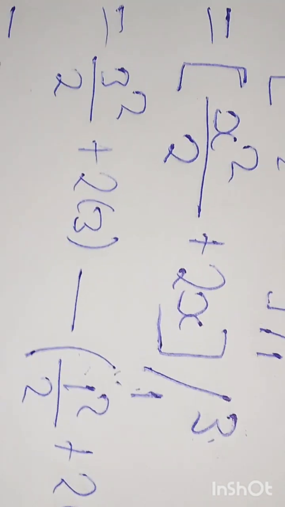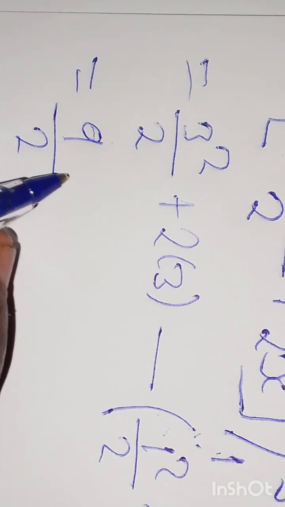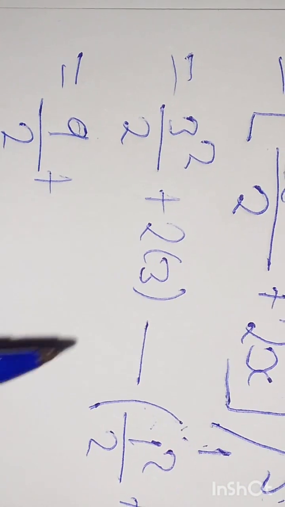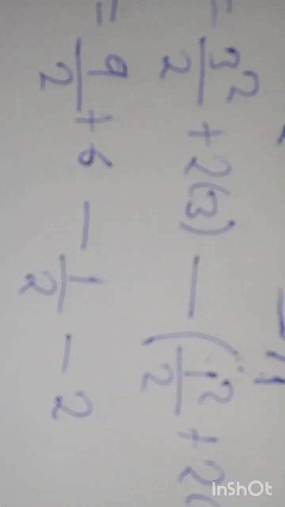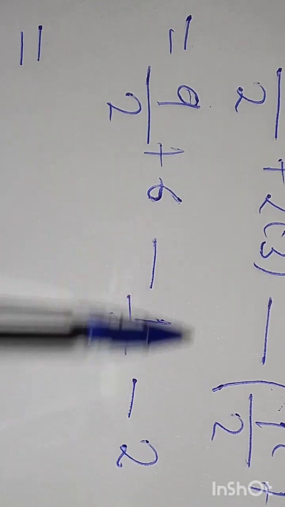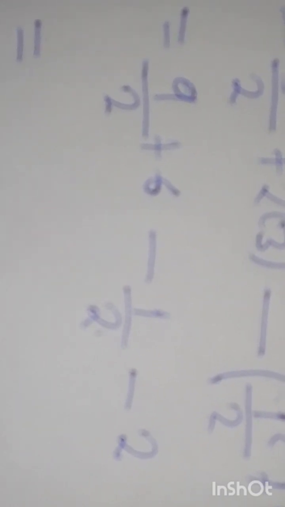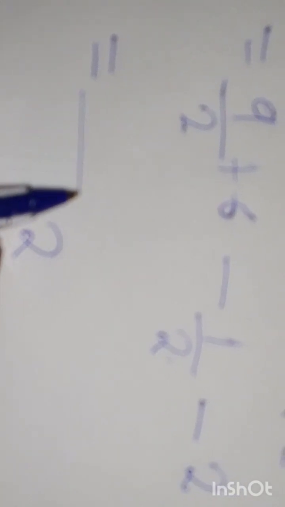What's 3 squared? It's 9 over 2 plus 2 multiplied by 3, it's 6, minus 1 over 2 minus 2 here. Since 2 is the denominator on both sides, you make 2 the common denominator for everything.